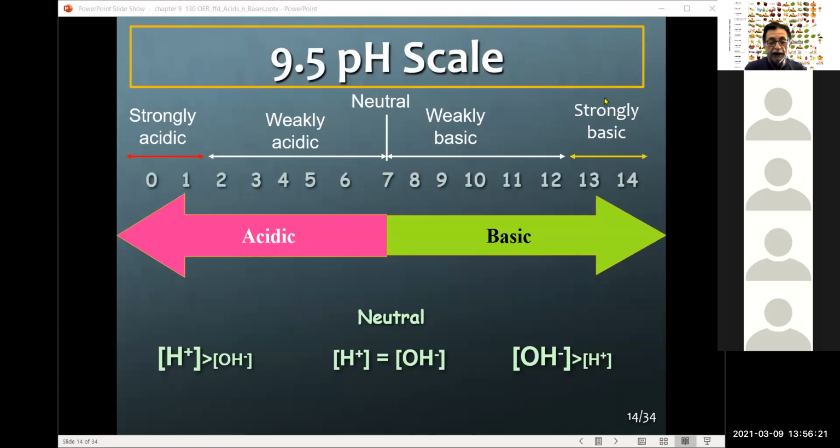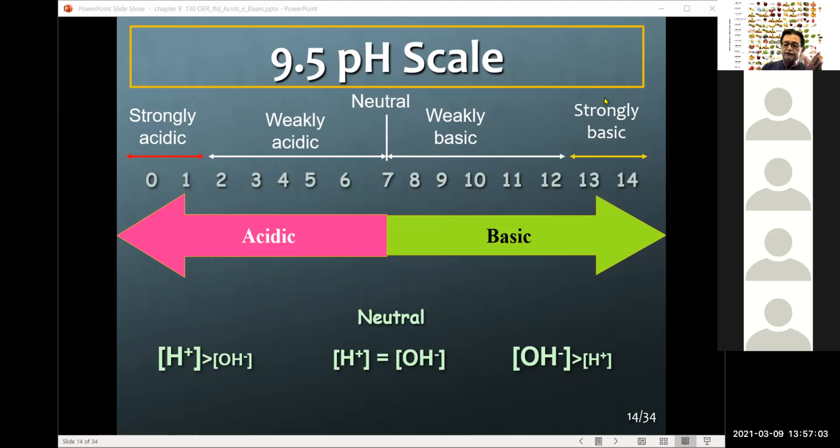Now, with respect to pH, we're going to talk about it because of acids and bases. pH is nothing more than a numerical scale, and it's related to the concentration of the proton in solution and the hydroxide in solution. Our scale runs from 0 on the far left all the way to 14. Neutral is 7.